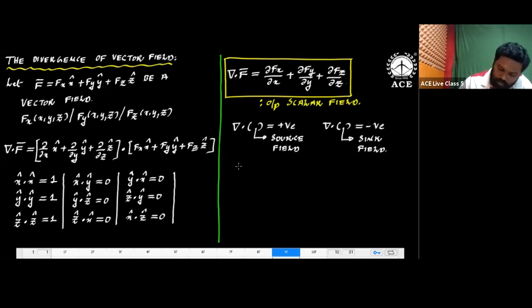If the divergence of the vector field is 0, then it is called divergenceless, or it is also called solenoidal.